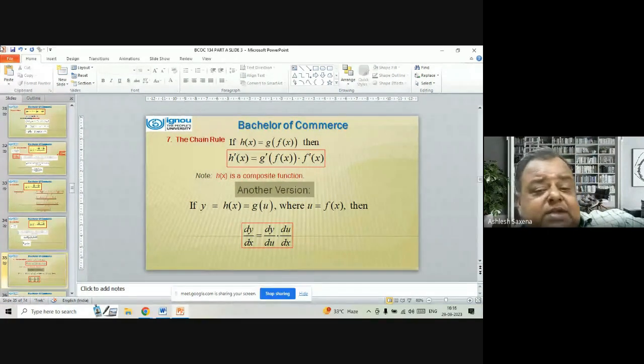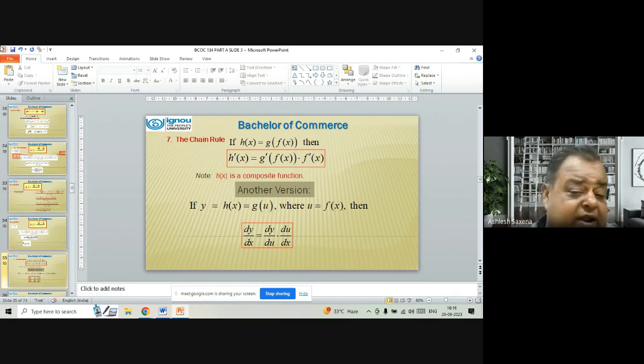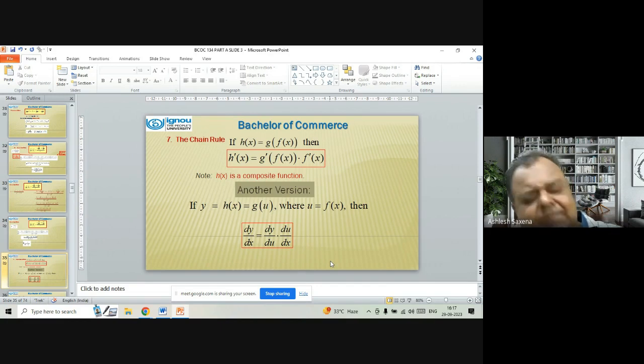Here you can see that you have function of u, x and y. All the three are there, that means mathematically one has to be eliminated. So I will be doing dy by du into du by dx. Mathematically, the du will cancel.